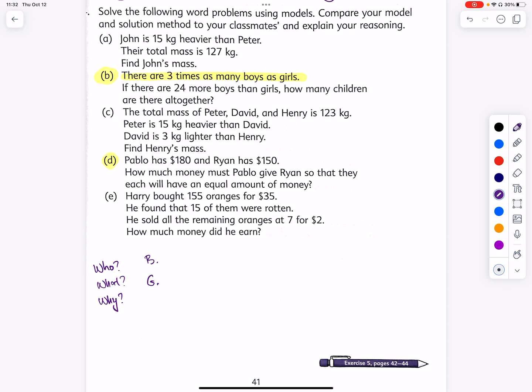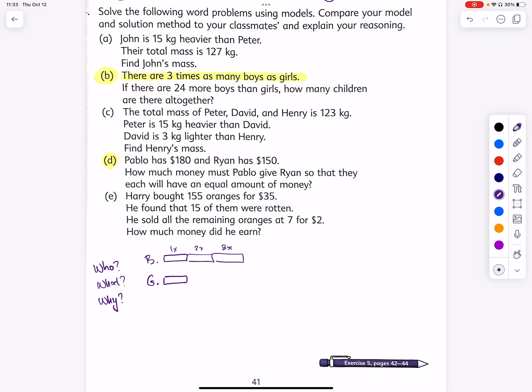What does the problem tell us about boys and girls? There are 3 times as many boys. So let's make little bars. This is equal, boys and girls, but we don't have equal. We have 1 time, 2 times, 3 times as many boys as girls.